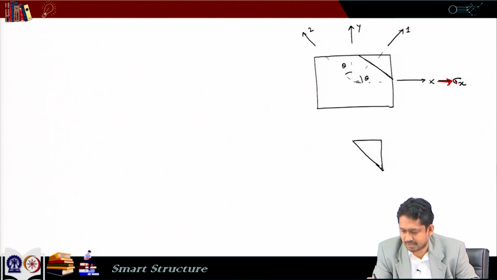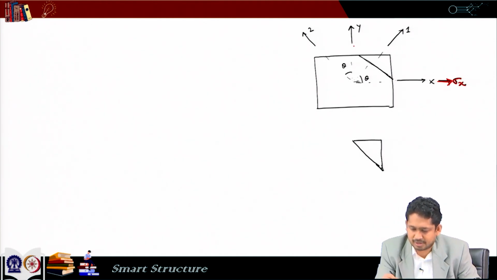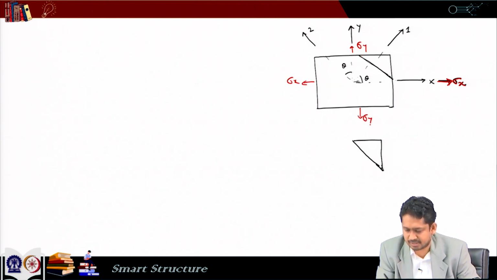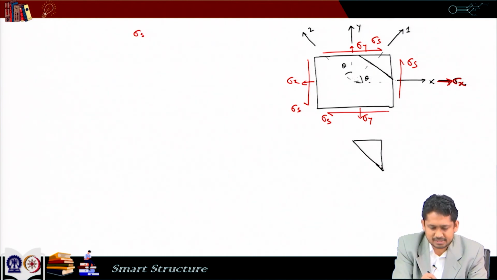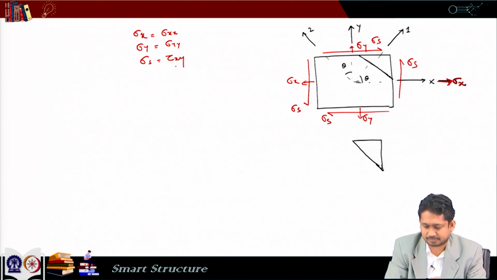So, we have sigma x, and then we have sigma y along this direction, and we have sigma s over here and sigma s over here. Sigma x is basically our sigma xx, sigma y is sigma yy, and sigma s is tau xy.